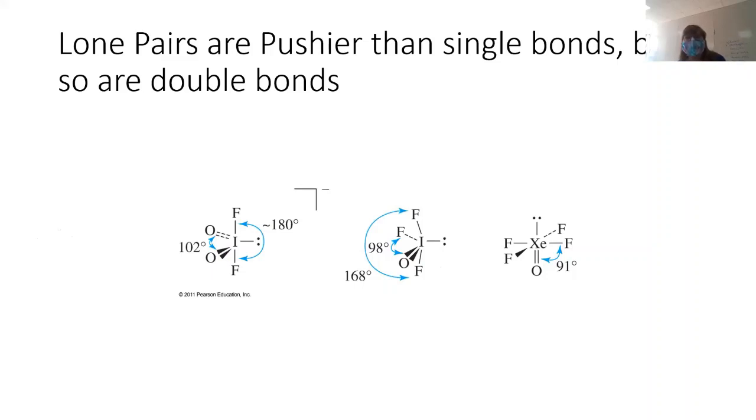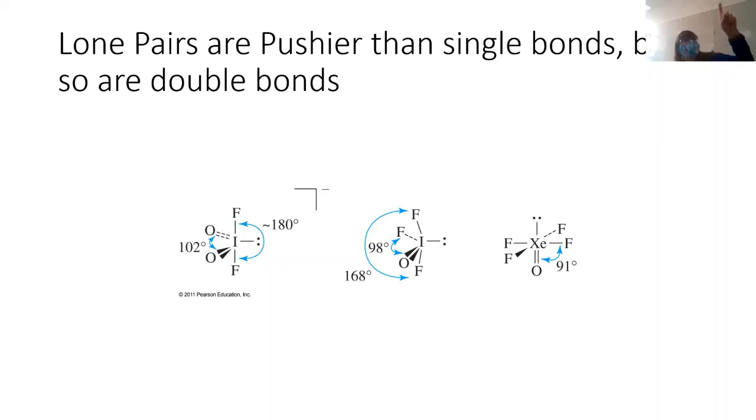It shows that when you have a lone pair, that's going to push on the bonds more than the bonds are going to push on each other. In that central figure, you can see the fluorines are pushed away from that lone pair. We've also seen that ammonia and water have smaller bond angles than the ideal, but double bonds will also do the same thing.